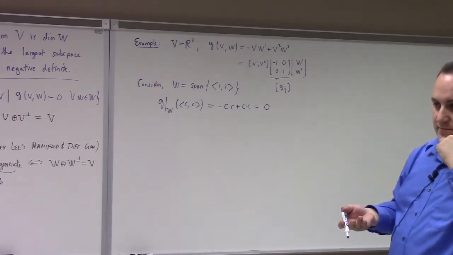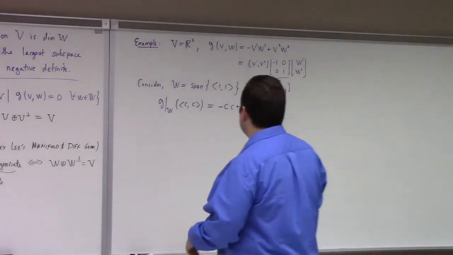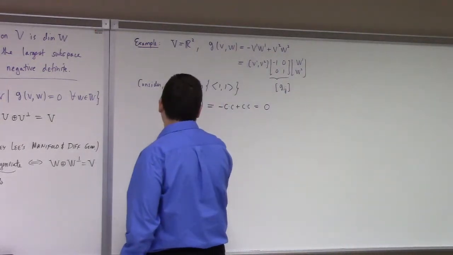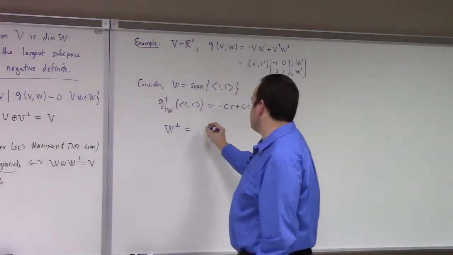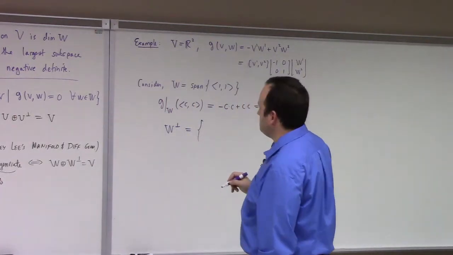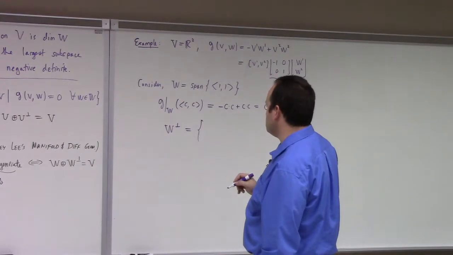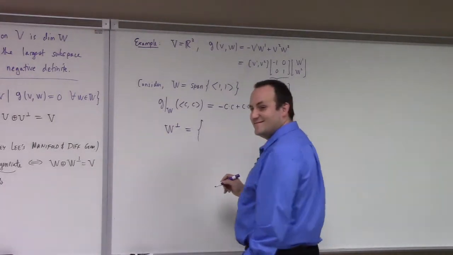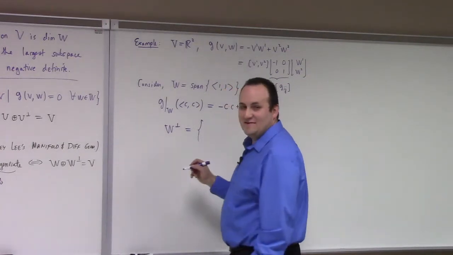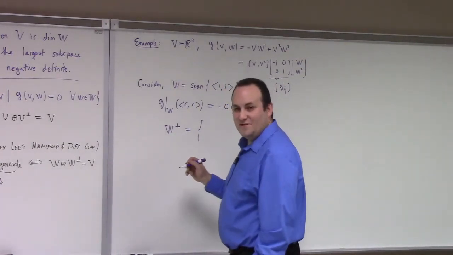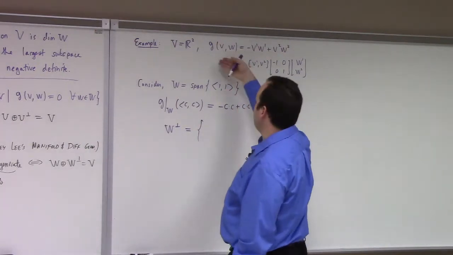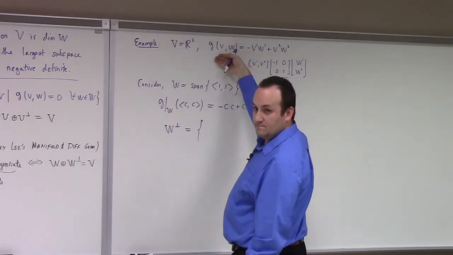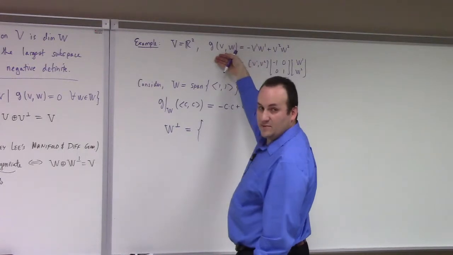You see that? What's the perp of this subspace? That's what I was kind of expecting to start with, but you have to understand, this is not the perp with respect to the dot product. This is the perp with respect to this metric here, which has signature minus 1.